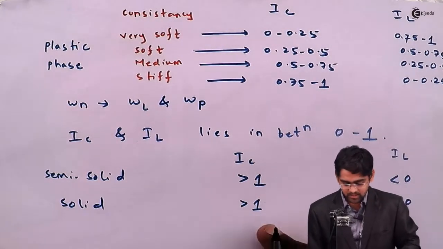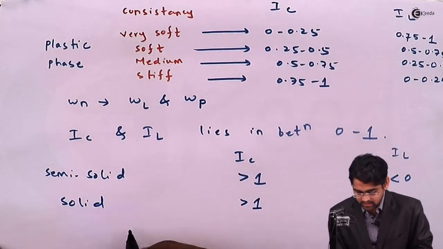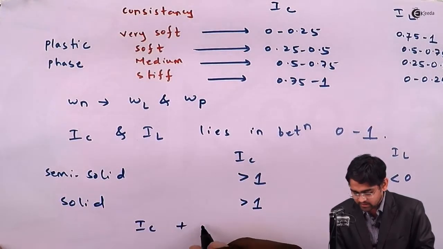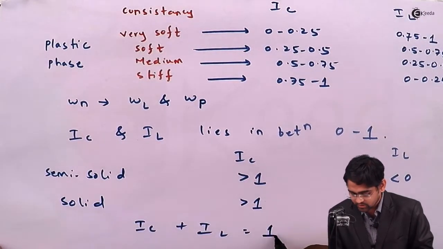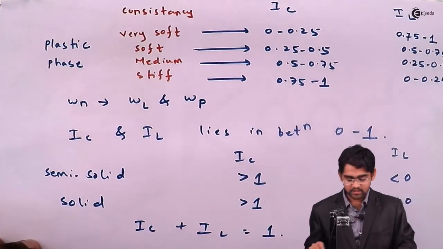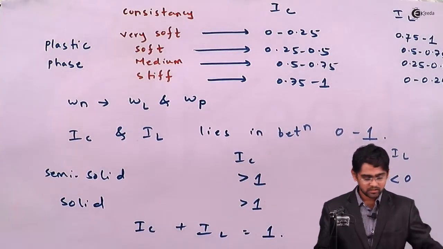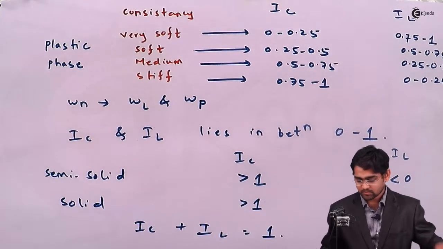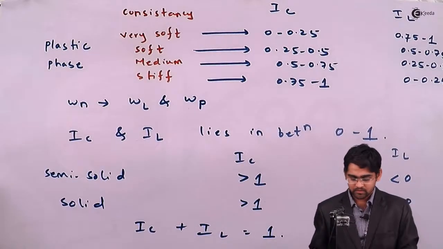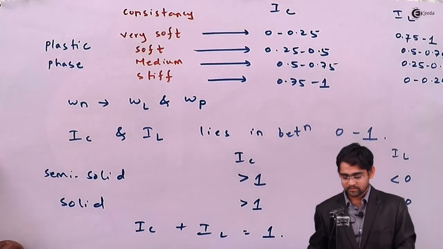But remember, in any case the addition of the consistency index and liquidity index has to be 1. These are the classifications, and these two indices, liquidity index and consistency index, have practical significance as well.